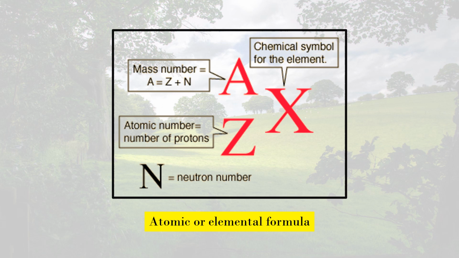Then the mass number, which is the summation of the number of protons and neutrons. The number of protons is 8, and the number of neutrons is also 8, so the mass number will be 16. So the formula of oxygen will be O, with Z as 8 and A as 16.